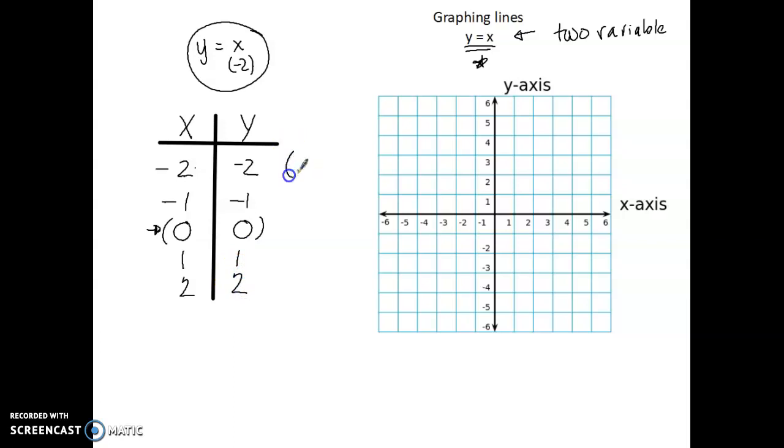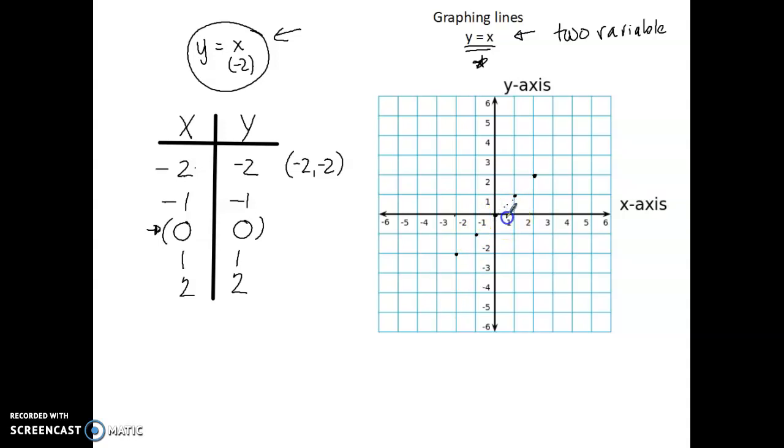Now you can plot these points because you know when x is -2, y was -2 on this line. So I'm going to write that when x was -2, y was -2. And -1 and 0, 1, 2. I'm going to plot those points. Well, that's not only true at these points, it's true at every other point between those ones.